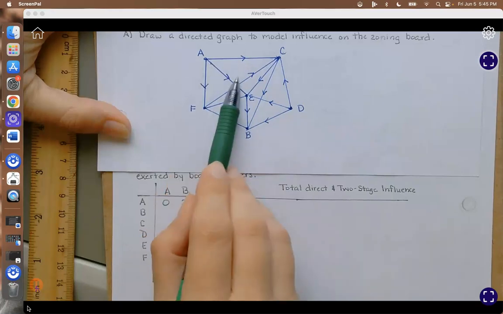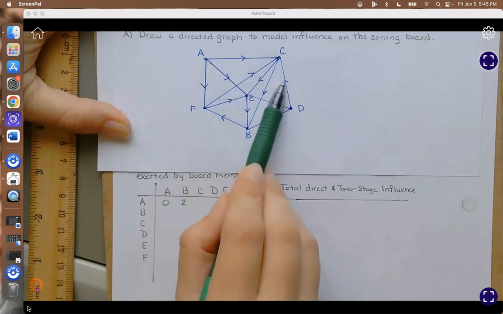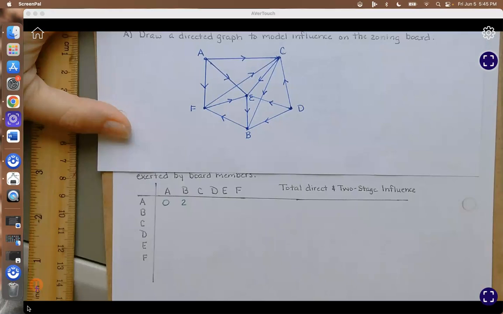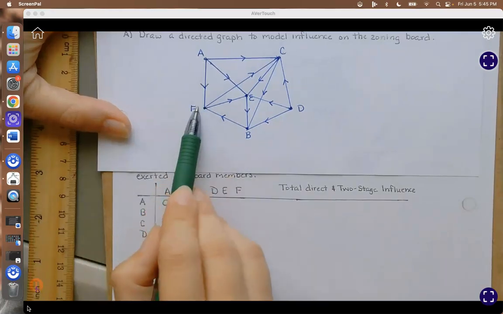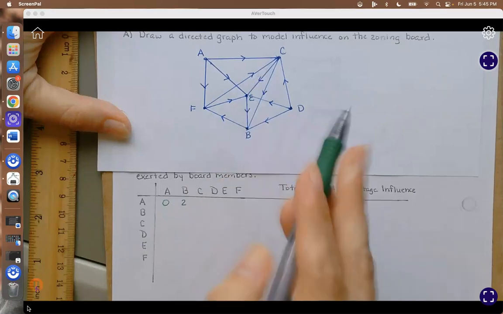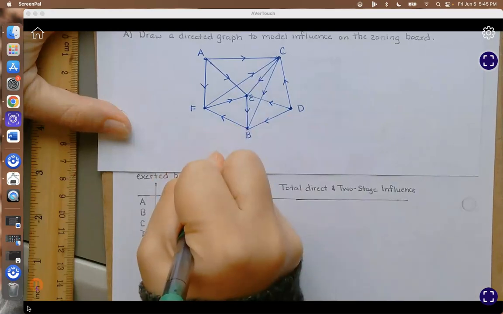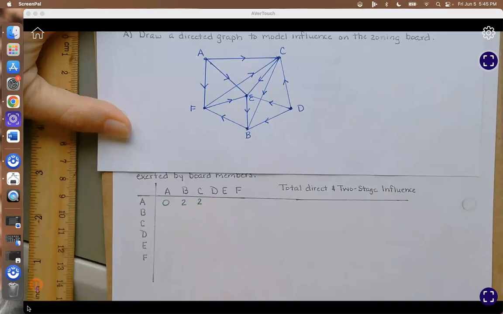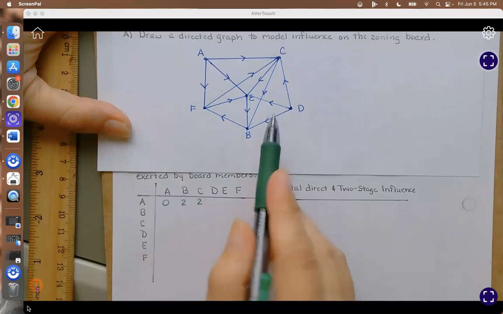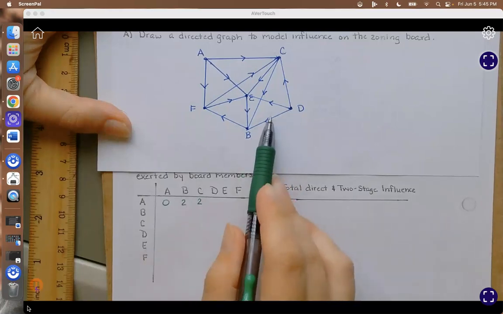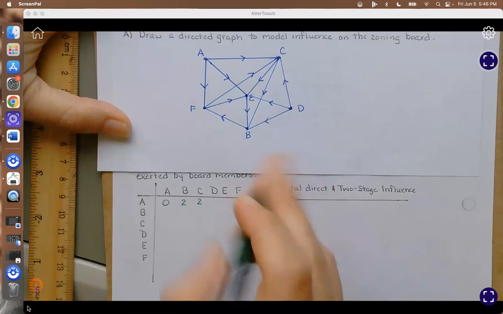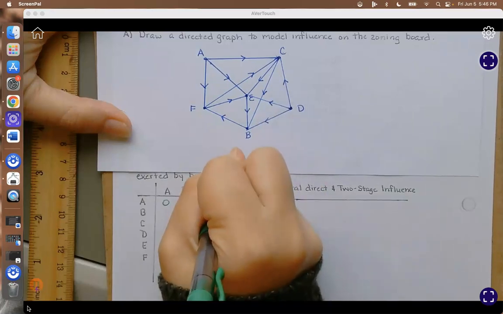The other ways to come into C are right here, which I can't get to in 2 steps, or this way, F to C. So that would be 2 ways. I'm sorry these lines are not straight, but it will do. Okay, A to D. Now, are there any lines coming into D? No. So you can't get into D.